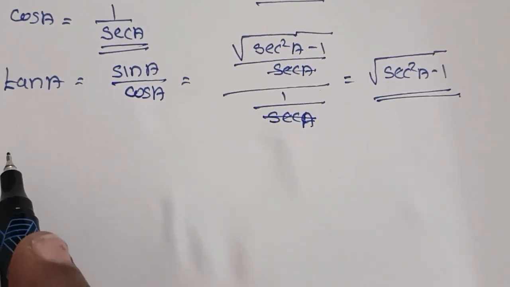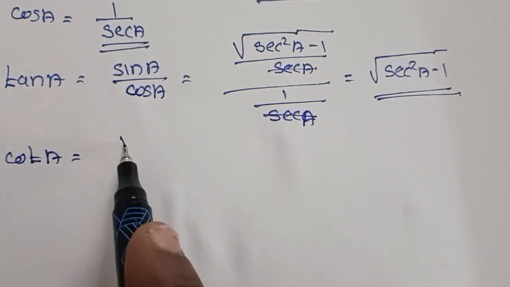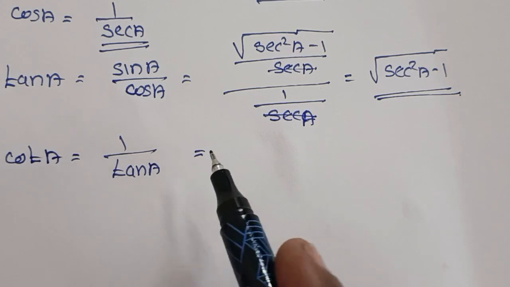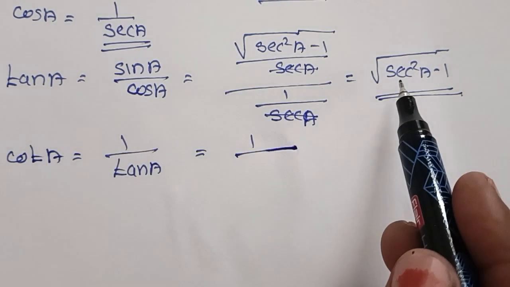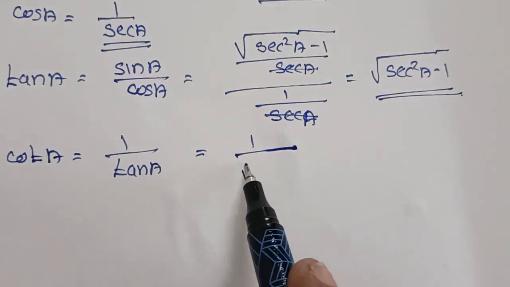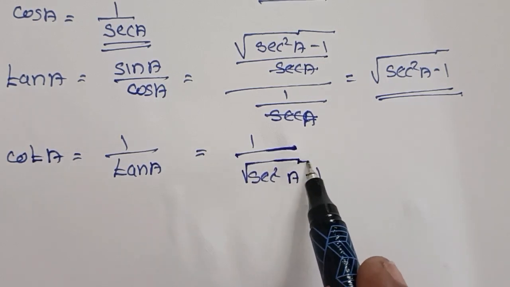Next, cot A. Cot is the reciprocal of tan, that is 1 by tan A, which is equal to 1 by root of sec square A minus 1. Okay.